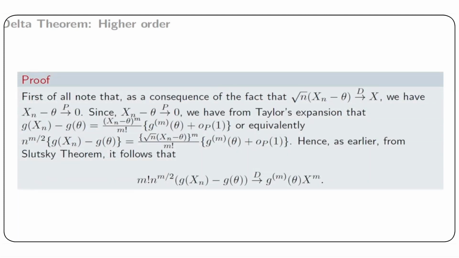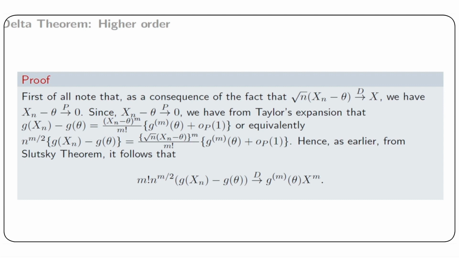So as a proof, we first note that as a consequence of convergence in distribution for the sequence of random variables, we have that Xn − θ converges in probability to 0, and since Xn converges in probability to θ, we have from Taylor's expansion that g(Xn) − g(θ) = (Xn − θ)^m / m! multiplied by g^(m)(θ), that is the mth order derivative of g at θ, plus o_p(1). Equivalently, n^(m/2)(g(Xn) − g(θ)) = (√n(Xn − θ))^m / m! multiplied by the mth order derivative of g at θ plus o_p(1).